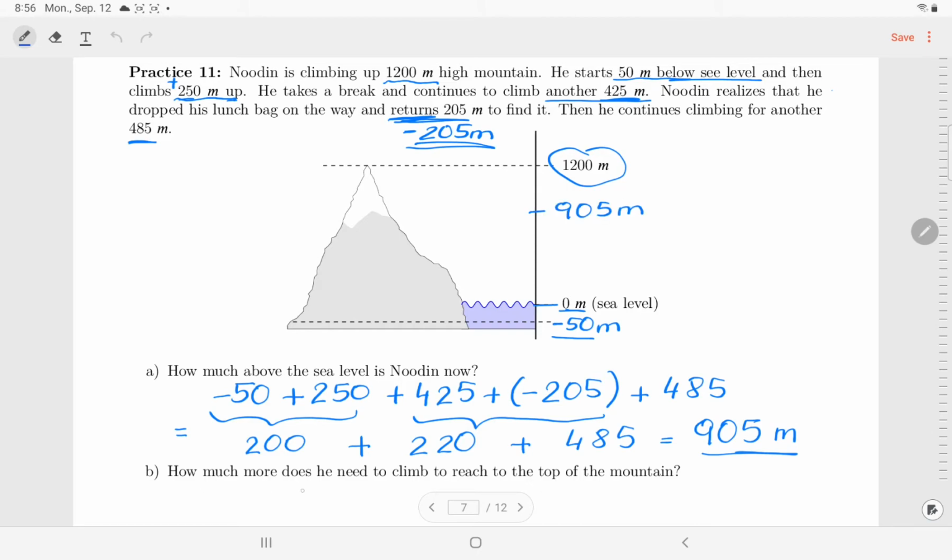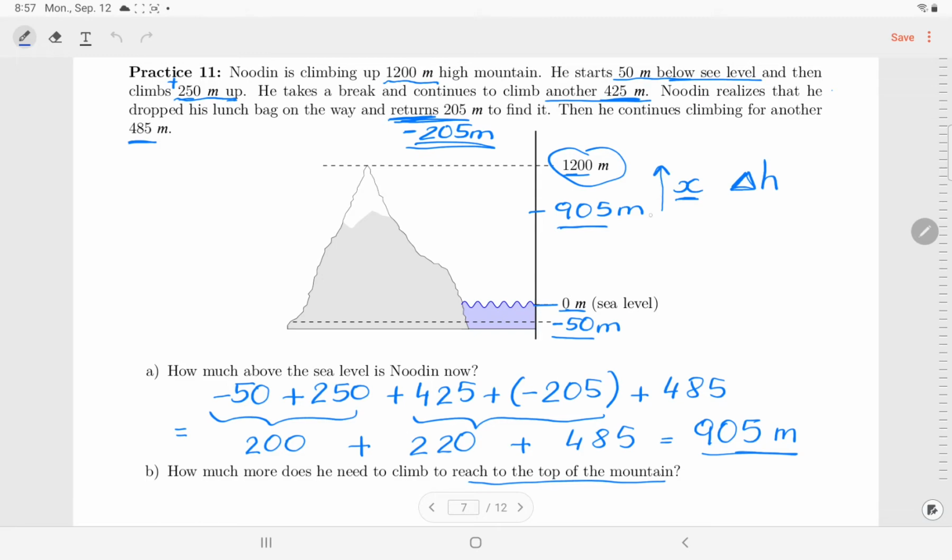Next, how much more does he need to climb to reach the top of the mountain? So he is at 905 meters. He needs to climb up to reach 1200 meters. We can call this distance that he needs to climb x, or we can call it change in height. Remember, the little triangle represents change.